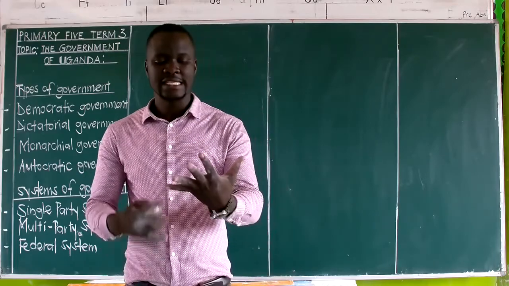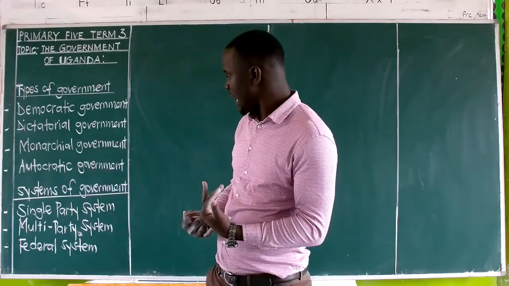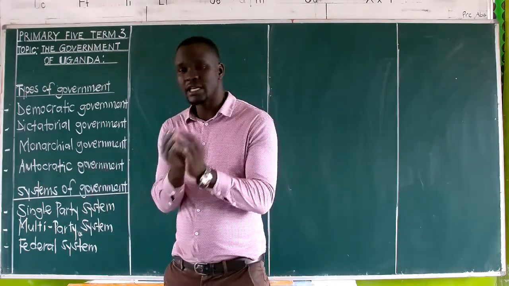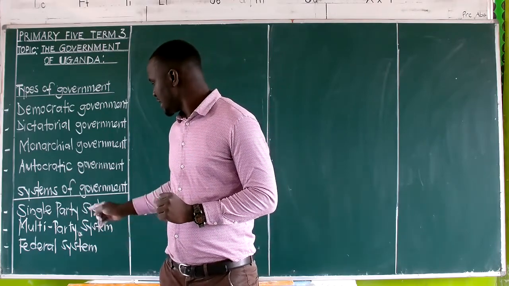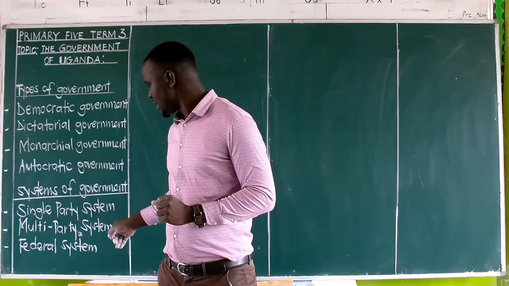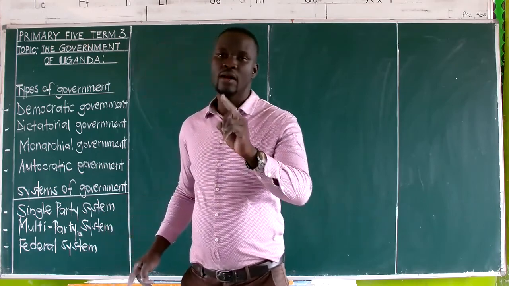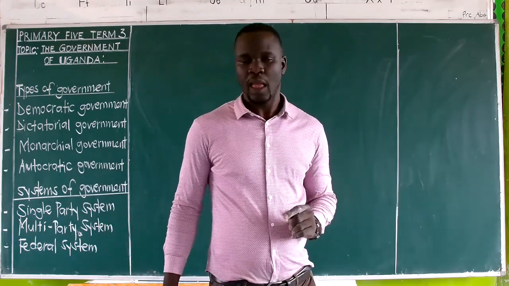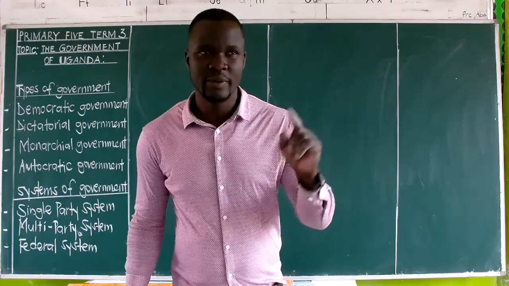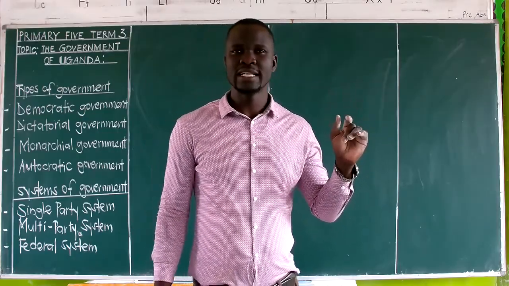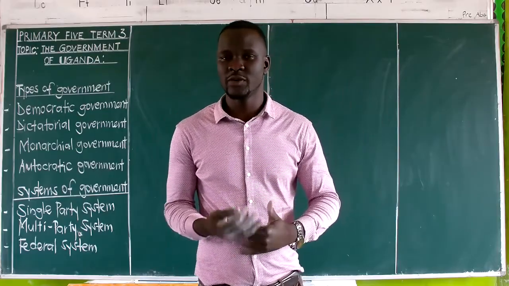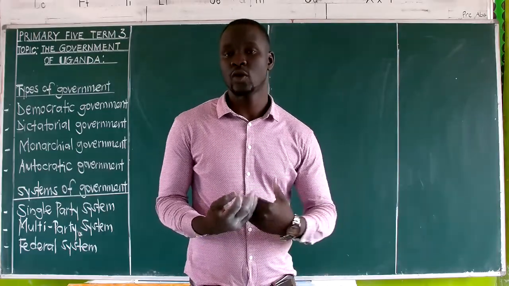One, single party system. As we can understand the word single, which means one, this is the system of governance which is made up of one political party. Remember in the second term, we learned about the reactions of Ugandans towards the colonial rule.